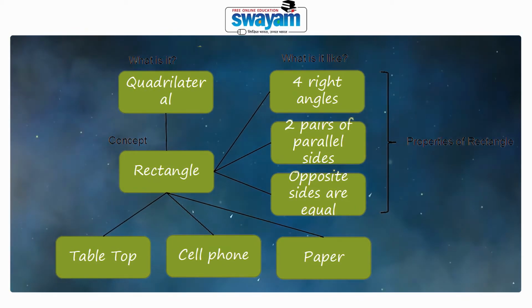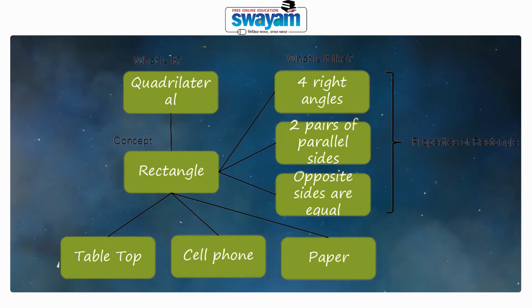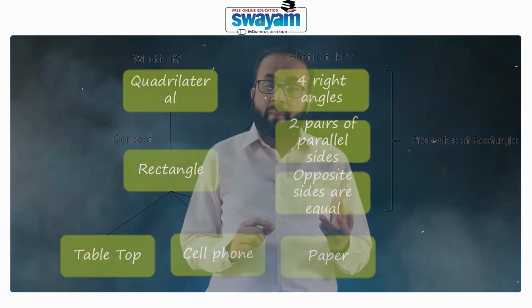It tells us that it has four right angles, it has two pairs of parallel sides, and opposite sides are equal. These are the basic characteristics of a quadrilateral, which may be called a rectangle. Finally, the last question should be answered with examples, which tell us that some examples of this rectangular type of structure are a tabletop, a cell phone, or a paper.